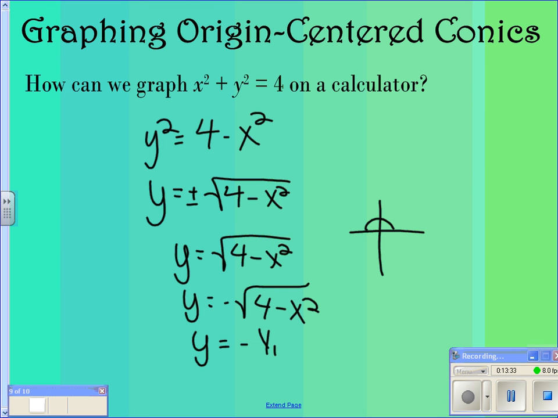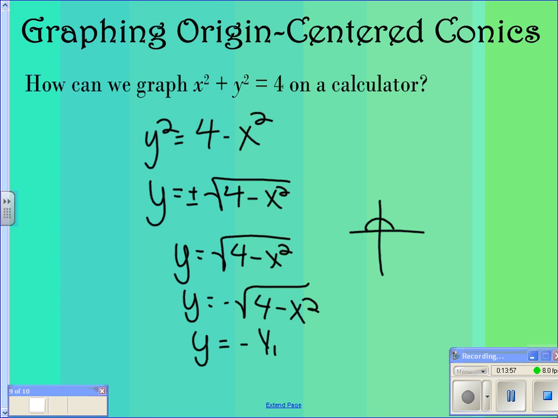I'm trying to remember. I had it. Format? No. I knew it last year, and now I can't remember where it would be. Variables? Oh. Let me think.